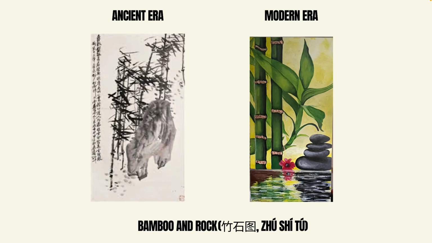So the idea is that culture evolves. As you can see, within the ancient era, there is a different sensibility and different materials that were available compared to the modern era.